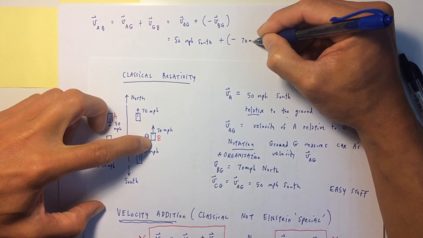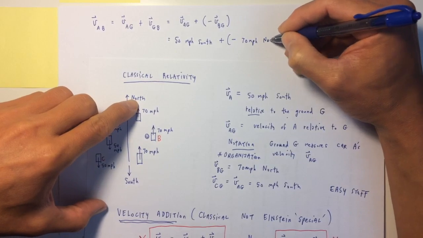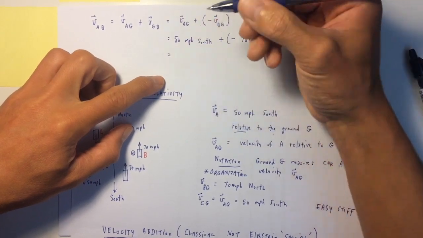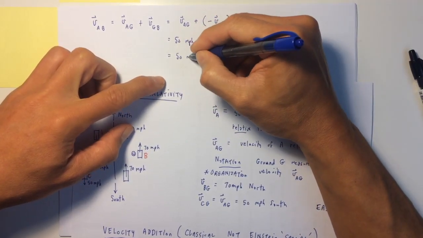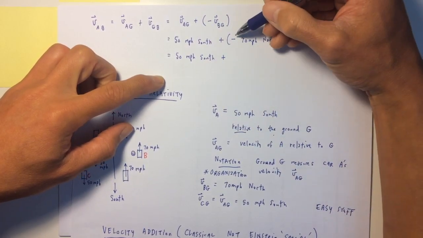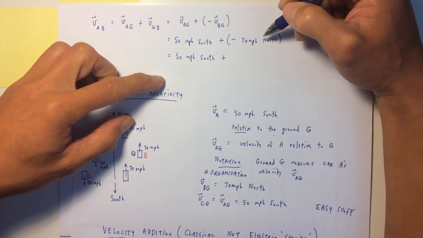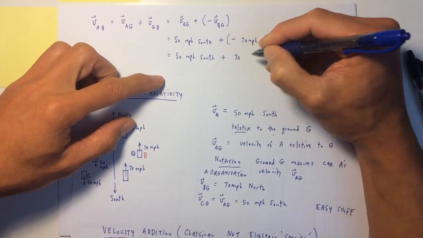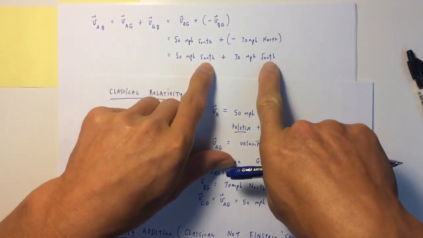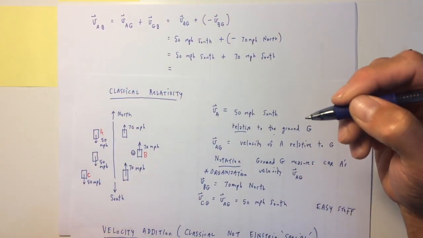So it's 70 miles per hour, but car B relative to the ground is heading northbound. Right? And so now you can see what's about to happen. So this is 50 miles per hour south plus, so the opposite of heading 70 miles per hour north is heading 70 miles per hour south. So these are both vectors that point south. So I can just add their magnitudes and they're going to add in the same direction.